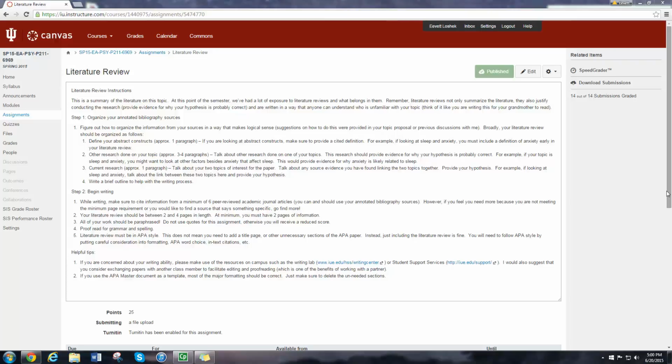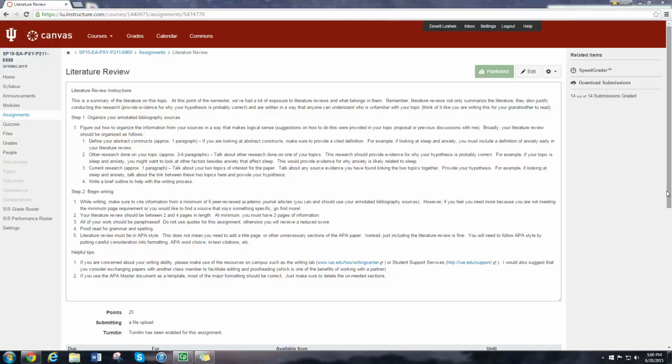And what you'll probably notice is that there is a list of common similarities between all literature reviews, regardless of the content. And that is what step 1 is all about here, organizing your annotated bibliography information.